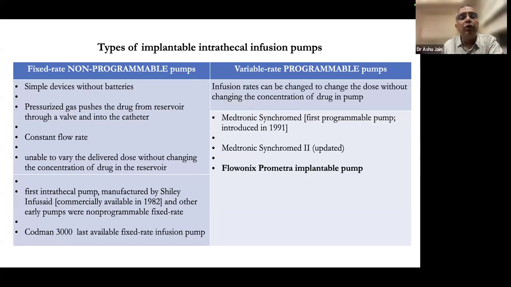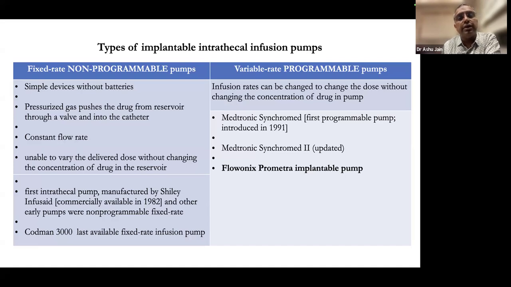Then if we go to the types of implantable pump, there are two kinds. One is for fixed rate duration. They are non-programmable because they can deliver only 1 ml or half a ml per day in 24 hours. They are without batteries, and they have pressure gas chambers or an elastomeric membrane, and a constant drug flow.